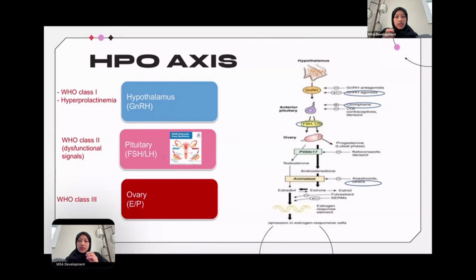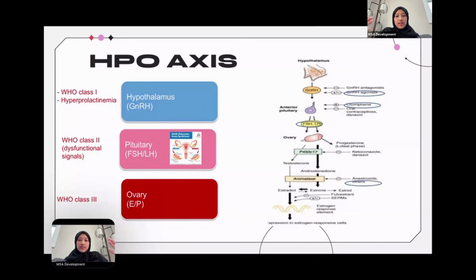These will then go to the ovary, which is the target organ, with released hormones like estrogen and progesterone. And these are the main hormones that help with fertilization, implantation, ovulation, everything to help us with fertility, right? So if there is a problem in any part of this axis, a woman will not be able to get pregnant and it will cause infertility.